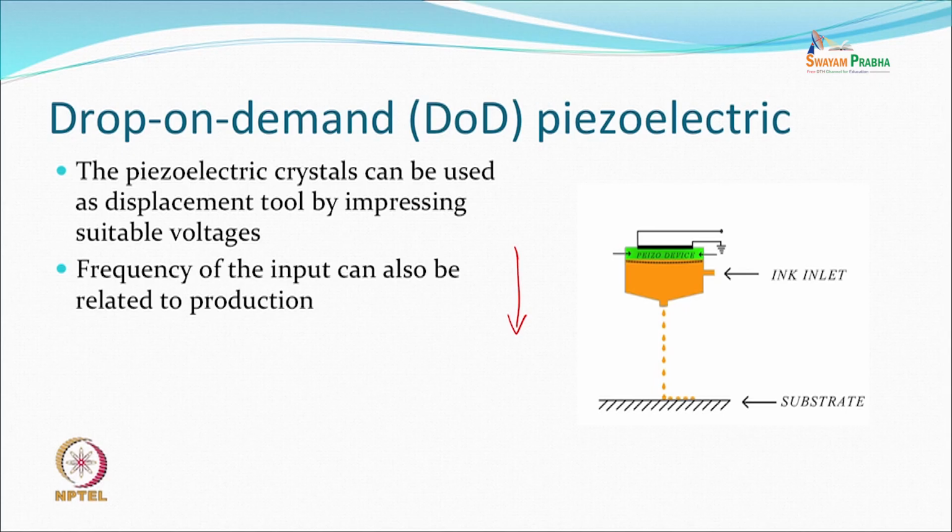Here the piezo crystal may be, let us say in this case, put at the top of the reservoir and just pushes enough, so that the same amount of liquid goes out, and the moment the liquid goes out, this goes back, and from another point which may be connected, more ink can get into the reservoir.